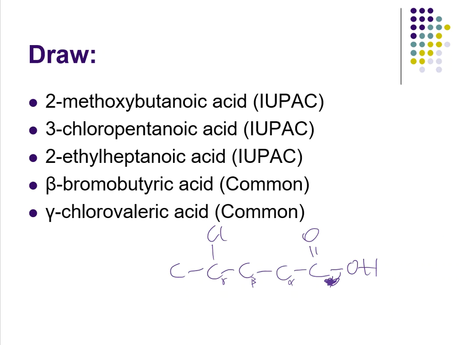Remember, I said back when we started nomenclature for the carboxylic acids, you'll understand why people question, do I count this first carbon or not? Yes, you count everything in IUPAC. Every carbon gets counted in IUPAC. In the common name, it does not. In the common name, when you get to the Greek letters, the carbonyl does not get an alpha carbon. Alpha starts beside it.